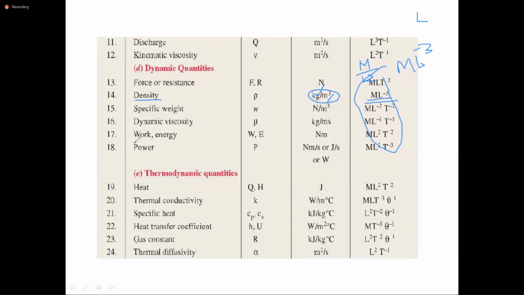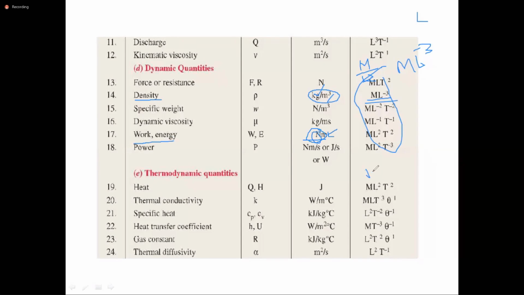For example, the work or energy is in Newton meter, right? Newton is the unit of force. Meter I have. So there is no fundamental dimension for Newton directly.